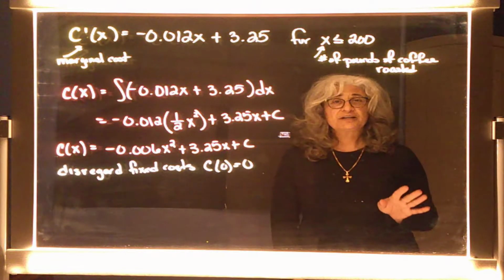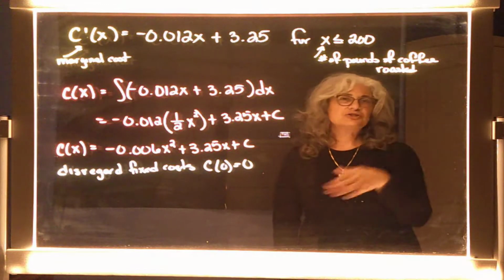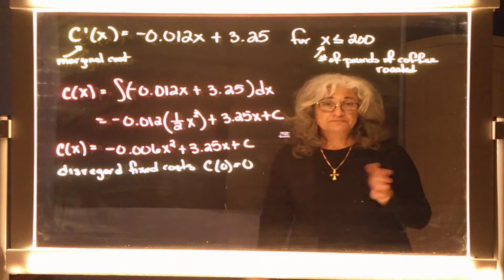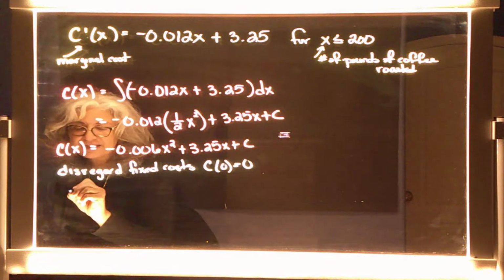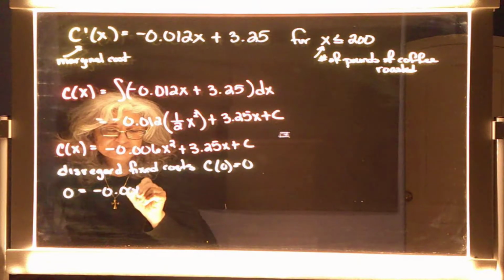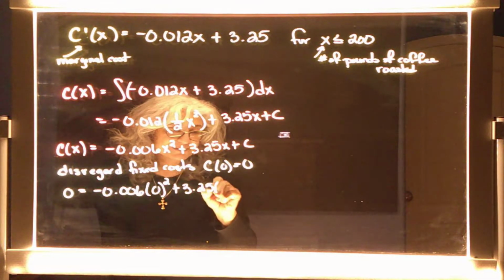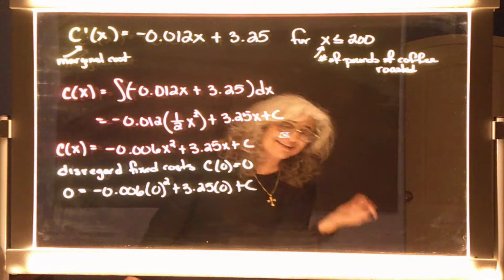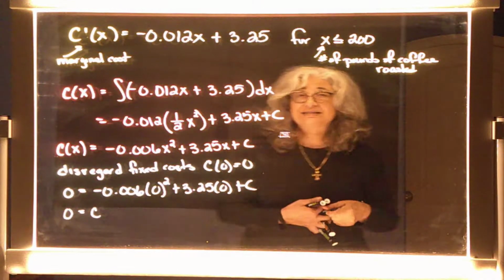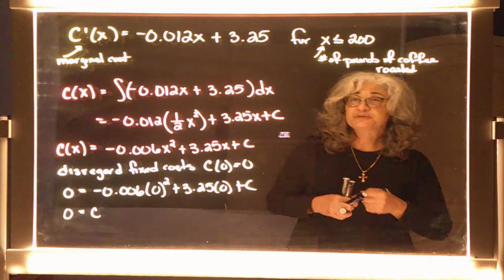We're disregarding the overhead that needs to be paid, and insurance and utilities, all that stuff. So when I plug in that 0, I end up with 0 equals negative 0.006 times 0 squared plus 3.25 times 0 plus c, which means our c is actually equal to 0.